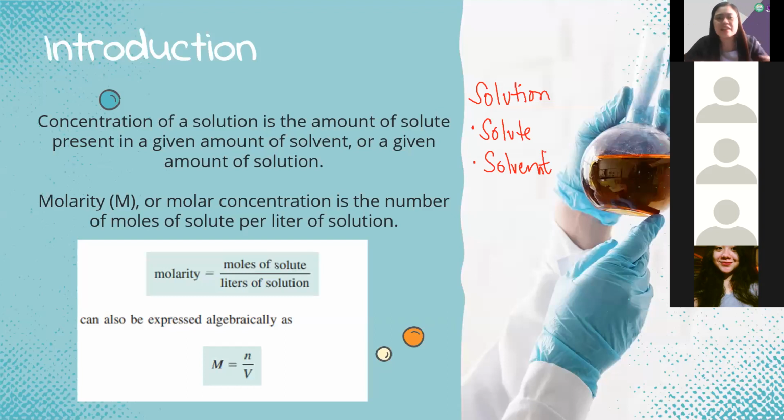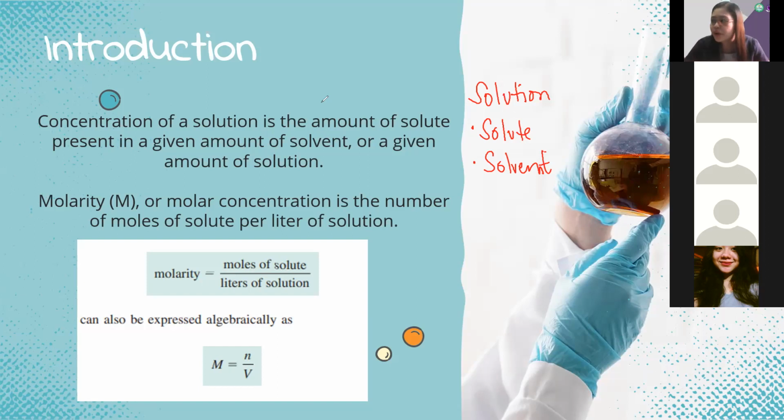That is just a little review about solution. The concentration, again, it refers to the amount of solute present in a given amount of solvent, or that is simply yung gaano karami na solute ang na-dissolve natin sa specific amount din ng solvent in a given solution.